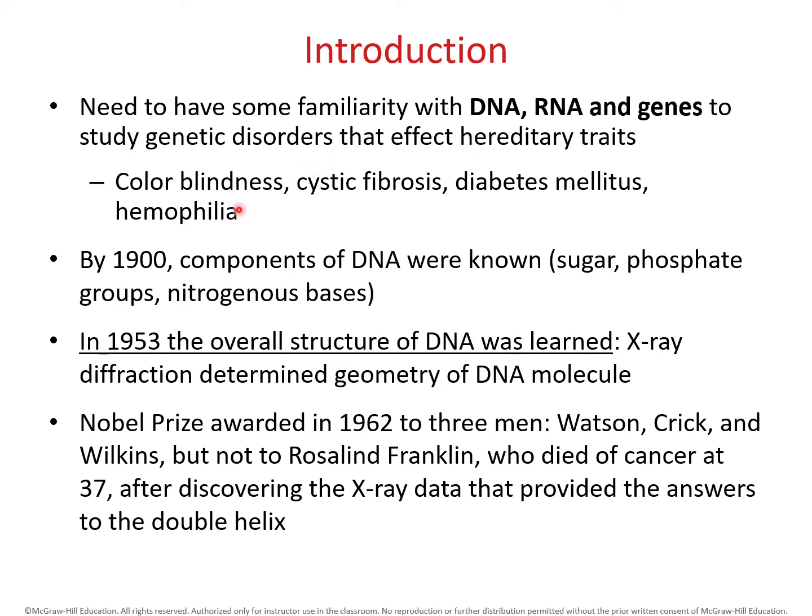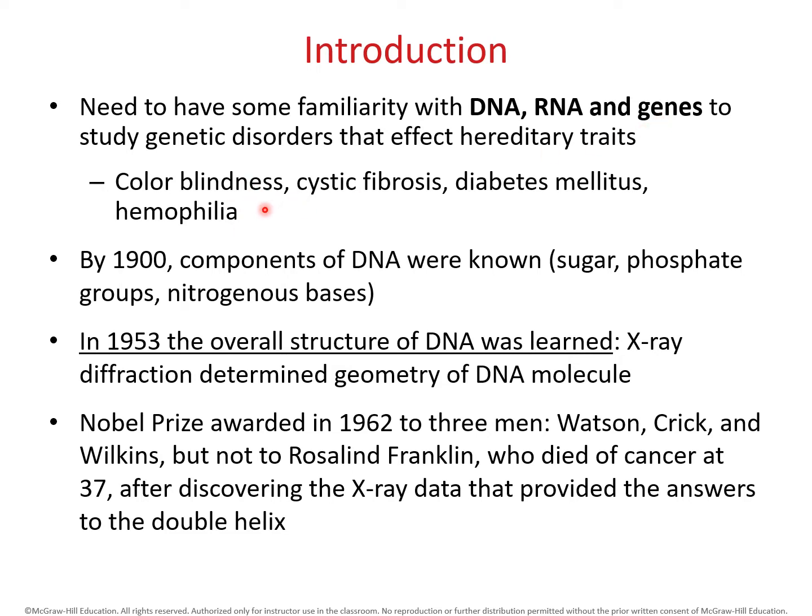Some examples of diseases that are related to some sort of DNA mutation, for example, or some issue with forming the proper protein. And these are just a handful of examples. There are really so many diseases that can be traced back to some error in DNA synthesis, for example, or some problem in a genetic sequence.